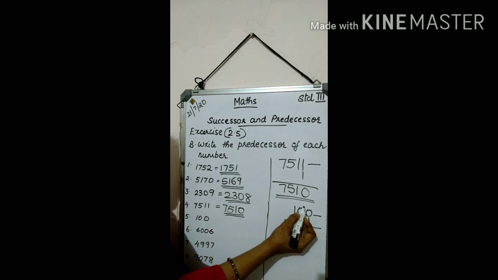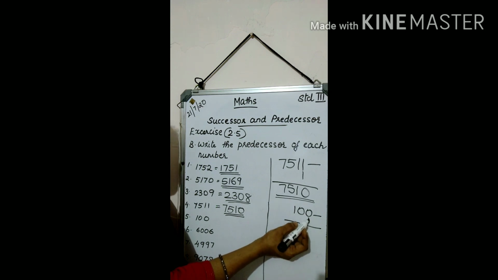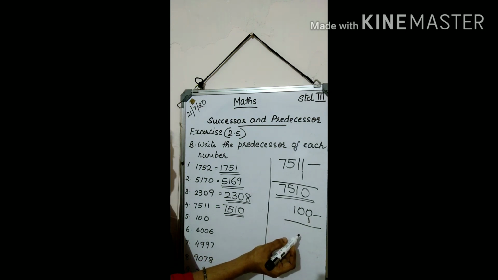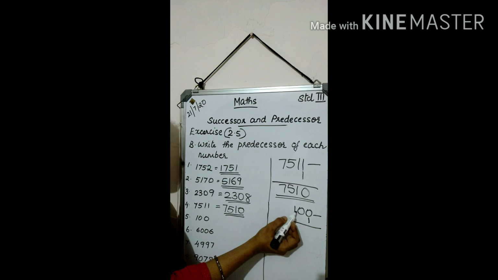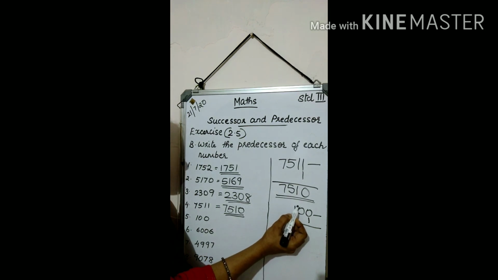Look here. When 1 is subtracted, can you subtract 1 from 0? No. So you have to borrow 1 from here. When you borrow 1 from 1 to here, it becomes 10. This number becomes 10. Then only you can borrow 1 from here.